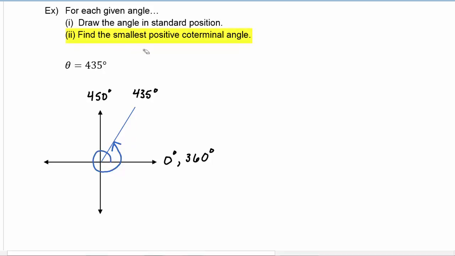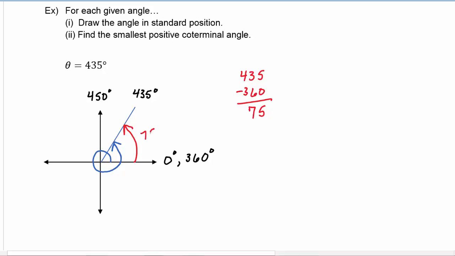All right, now we're ready to find the smallest positive coterminal angle, and that angle has to have the same initial side and the same terminal side, but we want it to be the smallest possible positive angle, so that would be this angle. And the way we can find its measure is subtracting 435 and 360 to get 75 degrees.